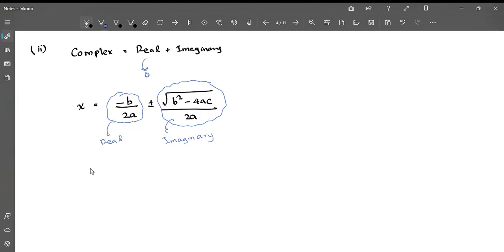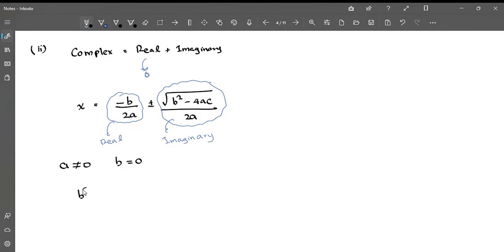Now a can't be 0. Why? Because a is in the denominator. If you want this particular root to be purely imaginary, the real part should be 0. Therefore, b must be 0. Now, when b is equal to 0, this becomes purely imaginary. But there is one more condition that you need to prove. If you want this to be purely imaginary, whatever is inside the square root should be negative, because the moment it becomes positive, it becomes a real number.